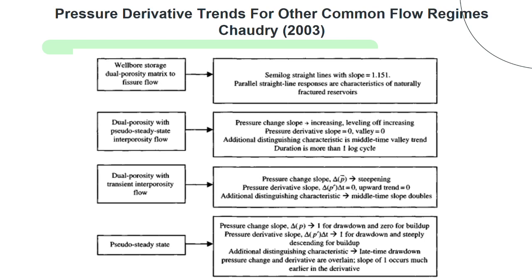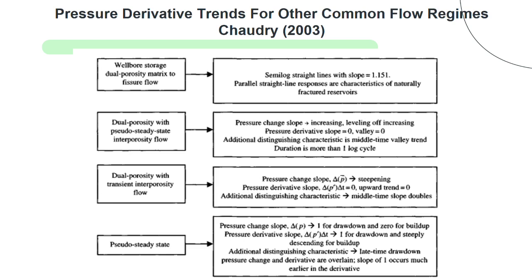And next is the dual porosity with pseudo-steady state interporosity flow. In this, the pressure change slope is increasing, leveling off, increasing. Pressure derivative slope is equal to 0, the valley is equal to 0.